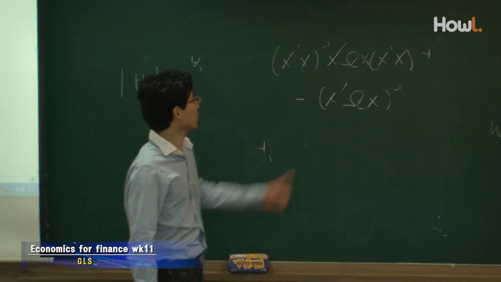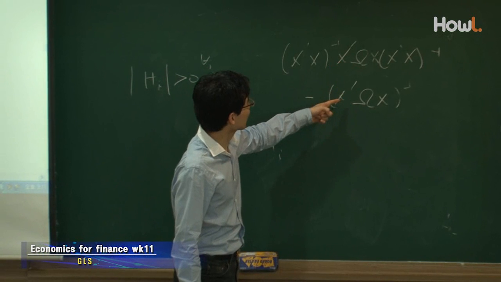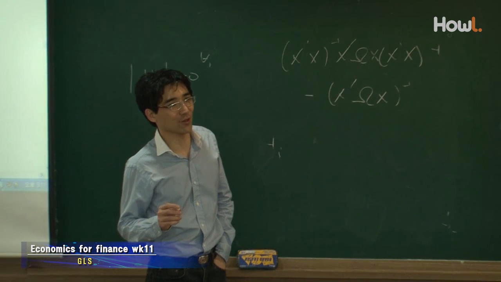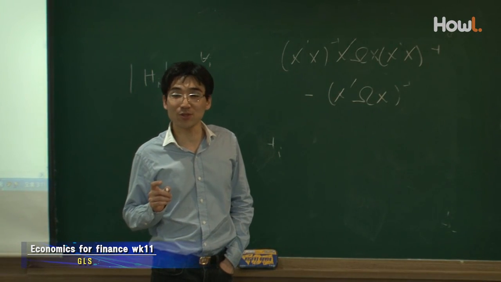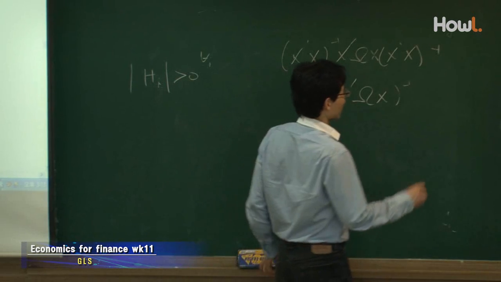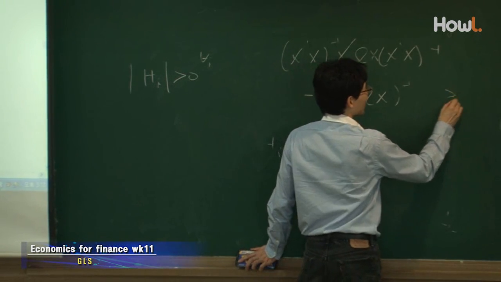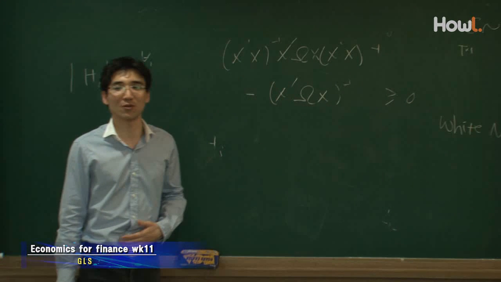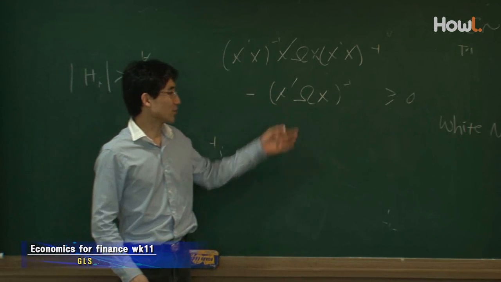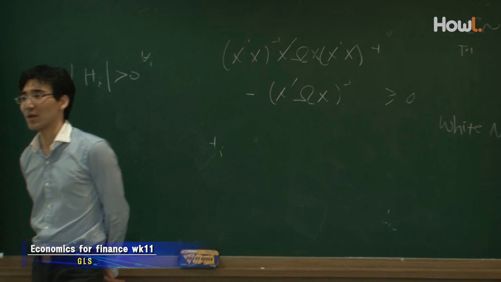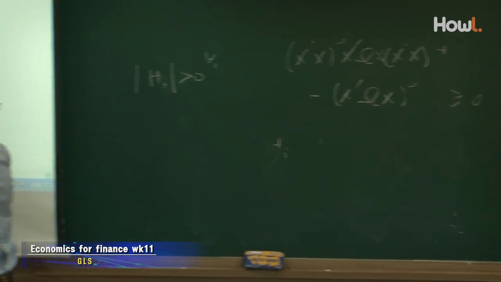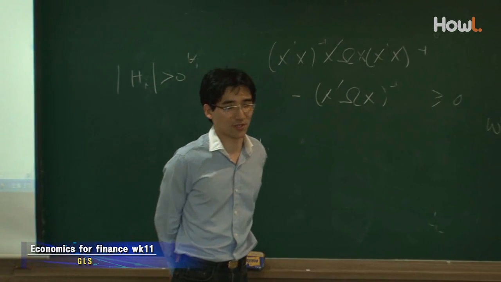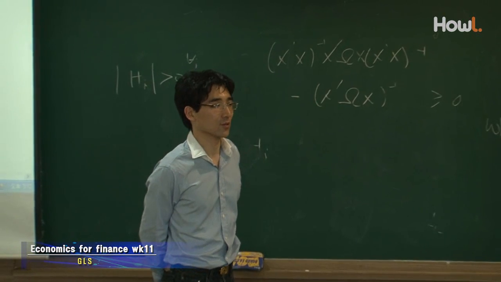A positive definite matrix is similar to a positive real number. It is not rigorous, but we can say this is kind of greater than 0. So this part is smaller than this part in matrix terms. In that case, since we have an estimate whose variance is lower, we say it is the more efficient estimate.